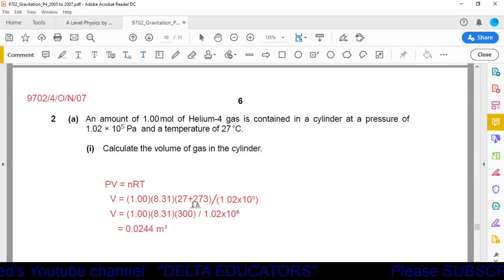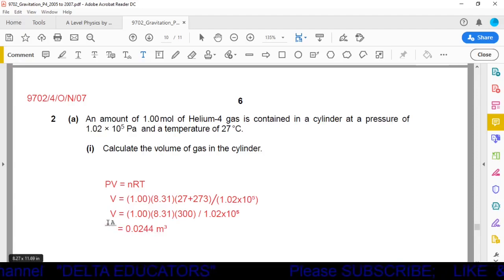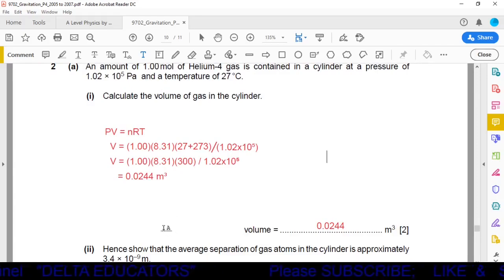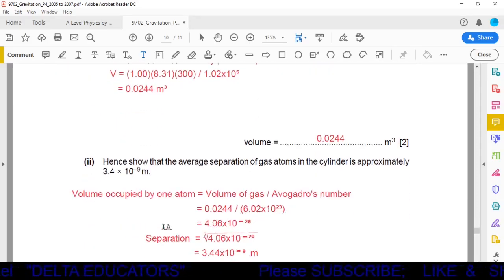So 27 plus 273, divided by P, the pressure, which is given as 1.02 × 10^5. By solving this, we get the answer 0.0244, and the unit of volume is meter cubed. So our answer is 0.0244 m^3.